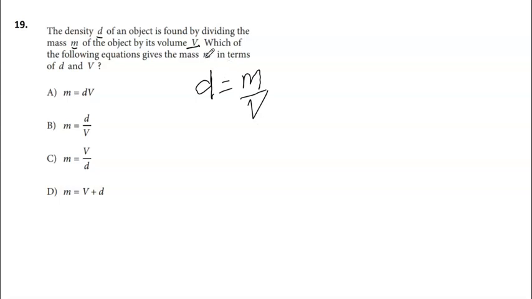And then they want us to write m in terms of d and v, meaning that make m the subject of the equation. That's all that means. All right? Make m the subject of the equation. How do we make m the subject of the equation?